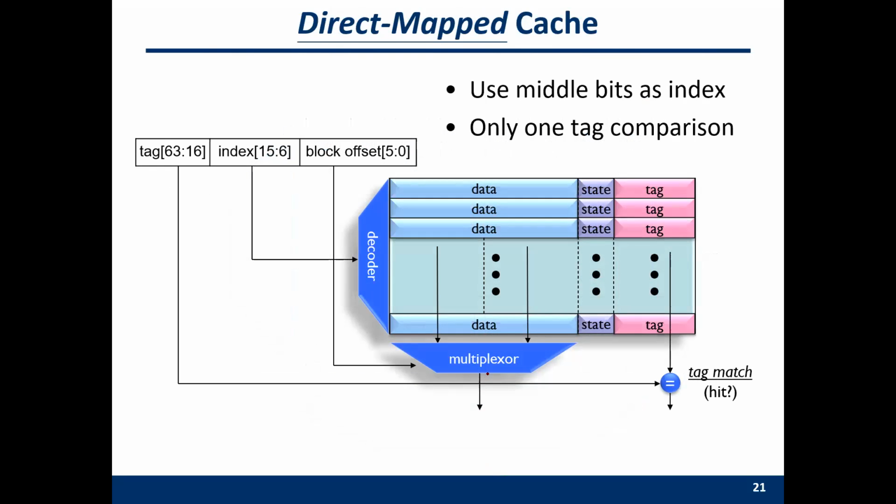We introduced the fully associative cache. Now we will introduce another type of cache, which is a direct mapped cache. Again, for the fully associative cache, one frame, one physical line, can store any memory data with any memory address.